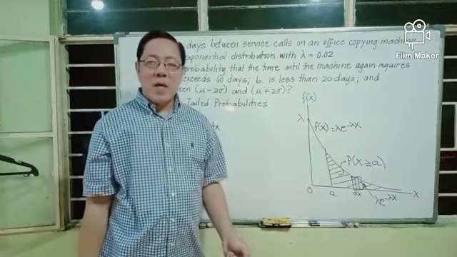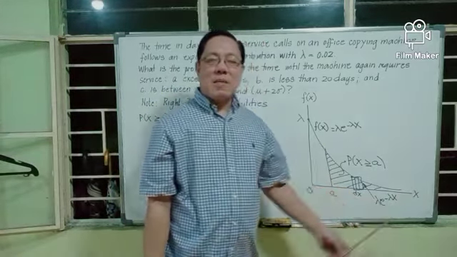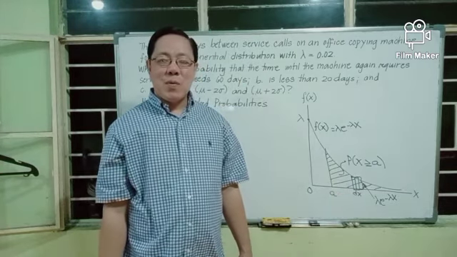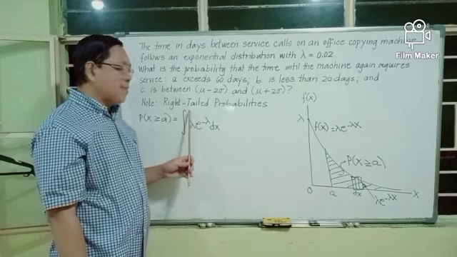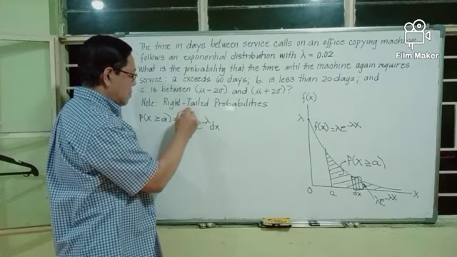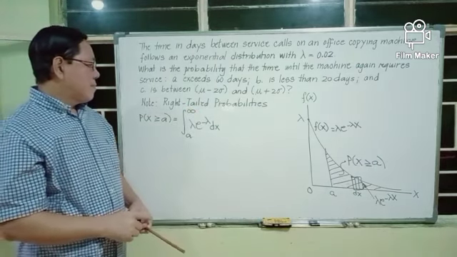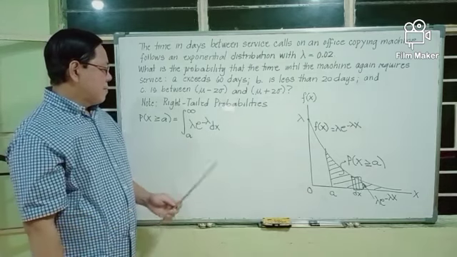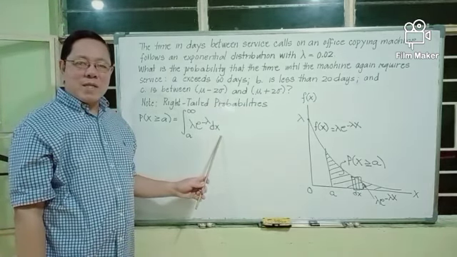Now we want to find the area from a up to positive infinity. Therefore, the limits of our definite integral are from a to positive infinity. And we evaluate this definite integral.